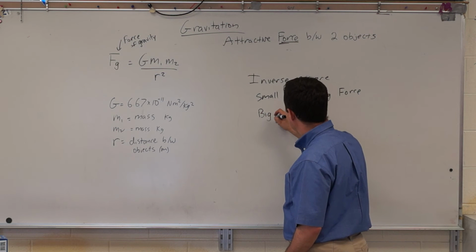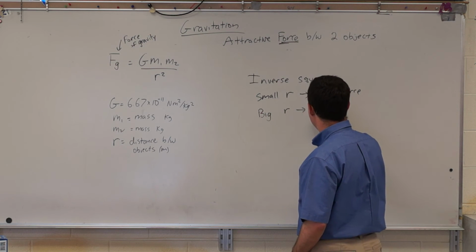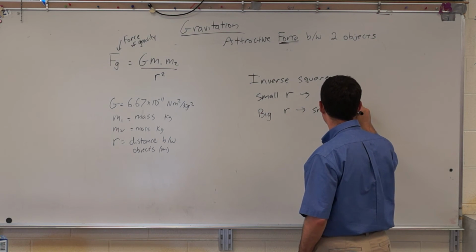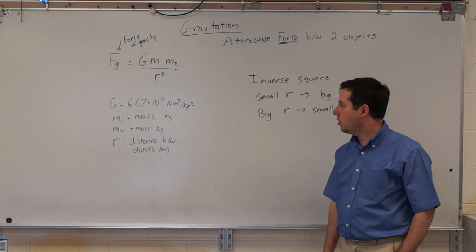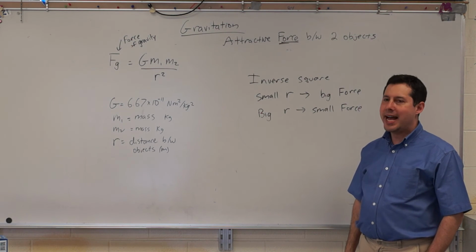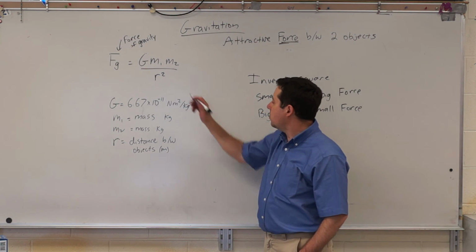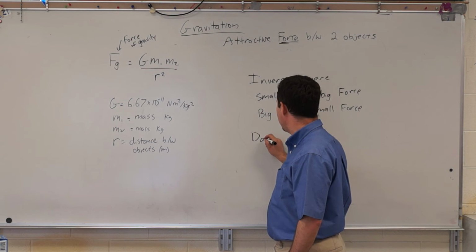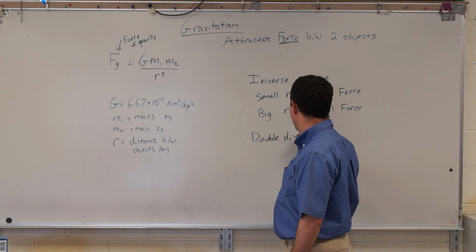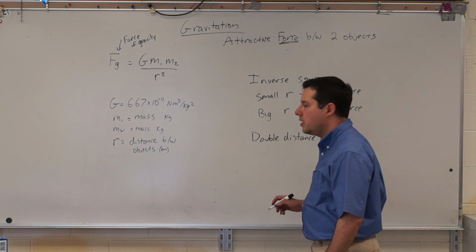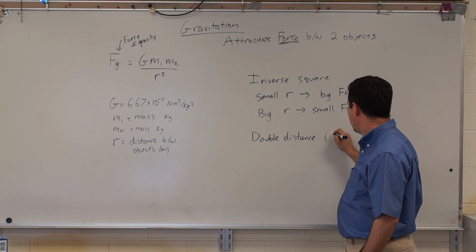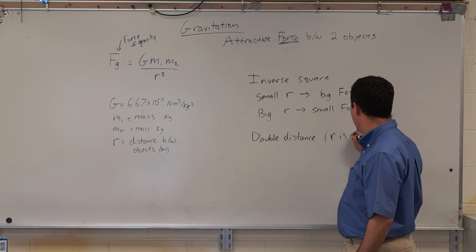A big radius gives you a small force. So that tells you it's inverse, and it goes with the square of it. So it goes with r squared. So if you double the distance between two objects, that means r is doubled.